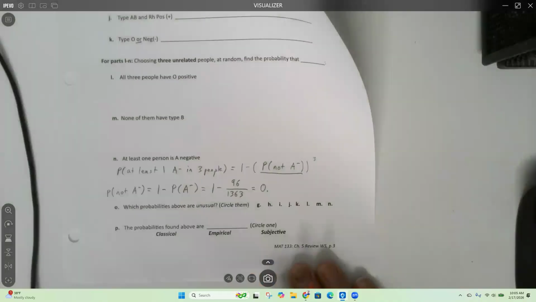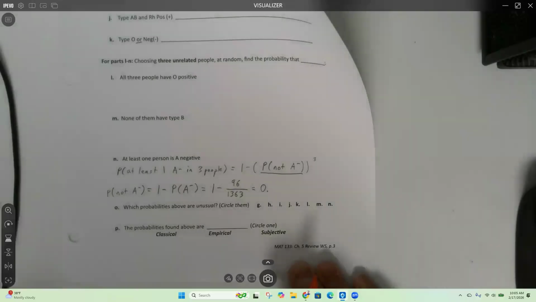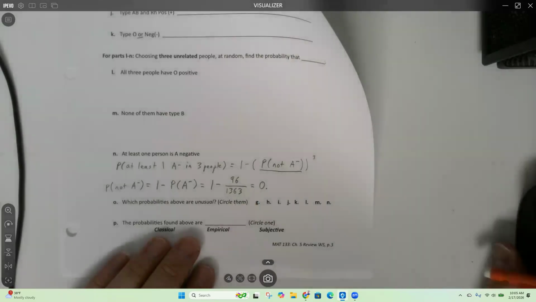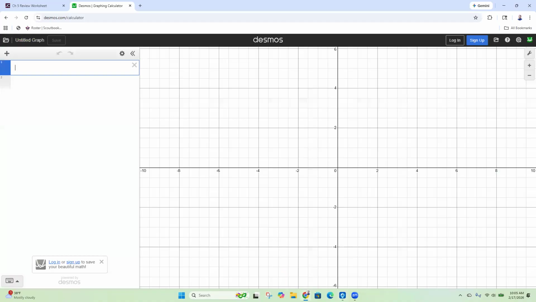Because all probabilities are between 0 and 1, and you know it's not 1, it's not 100%. We can do it together. 1 minus 96 over 1363 is 0.92. How many decimal digits do we have? Four decimals, so 0.9296. Now, this is not the answer.